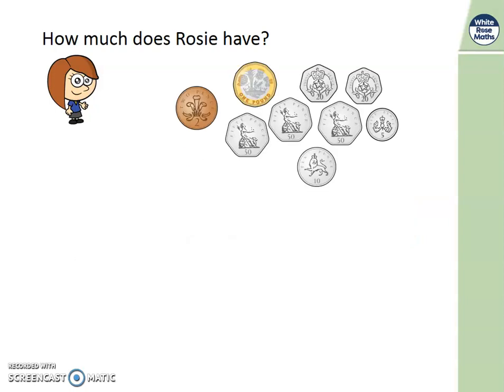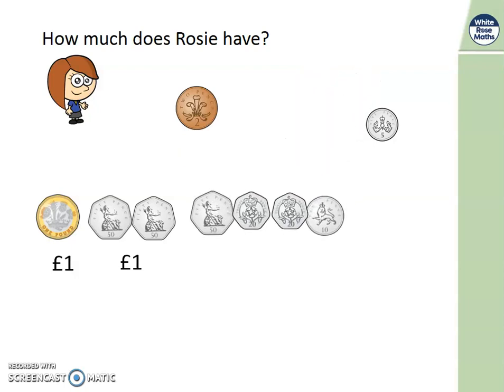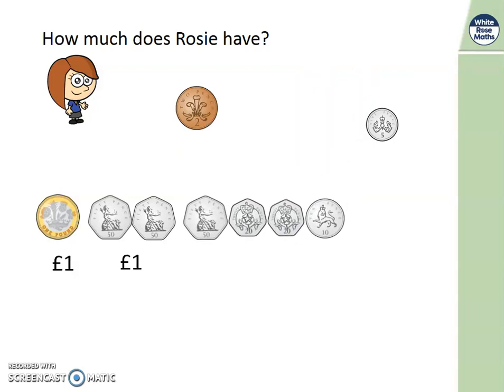Let's try just one more of these. Can you group them into pounds and pence? Have a think. Come back to me when you've tried. So she has a £1 coin. That is a pound. She's got 2 50p. That makes another pound. She's got the 50p with the 20, 20 and the 10.